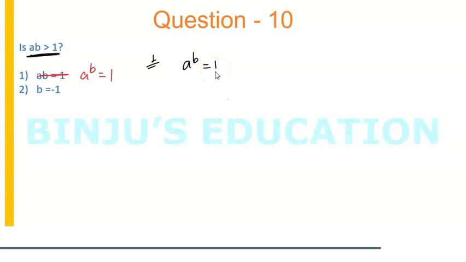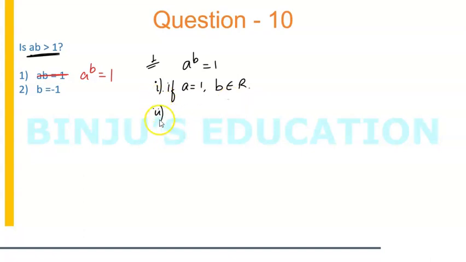Now this is an important identity in exponents when you have a to the power b is equal to 1. This has three conclusions. Conclusion number one: if a is equal to 1, then b can be any real number. 1 to the power anything will always give you 1, irrespective of anything.